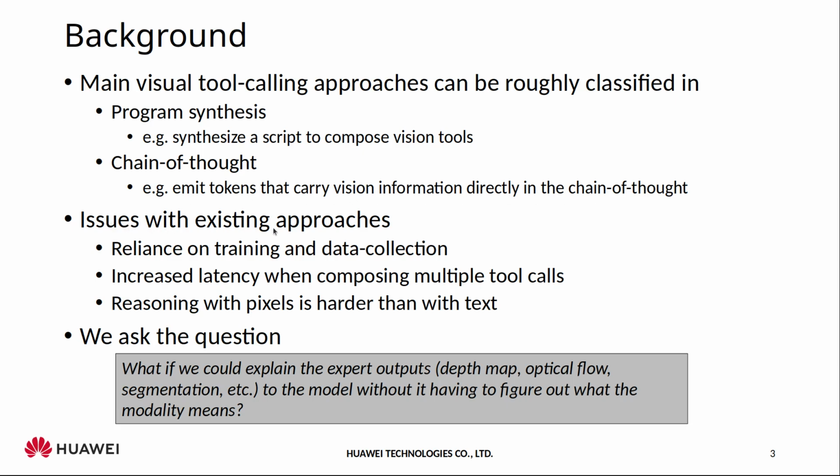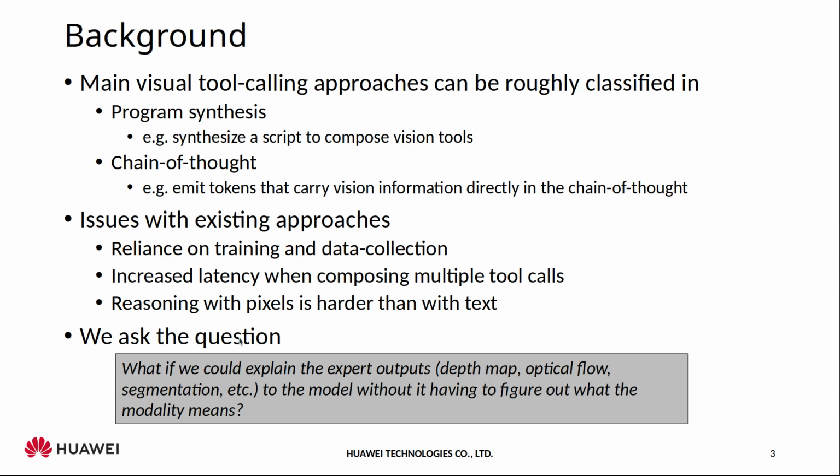The issues with the existing approaches are reliance on training and data collection, which make it expensive when trying to extend to new settings, increased latency when composing multiple tool calls, and also the fact that reasoning with pixels is harder than with text.